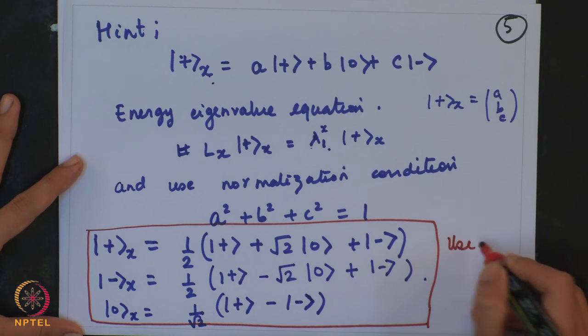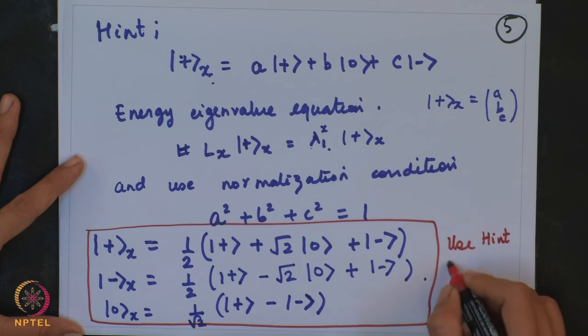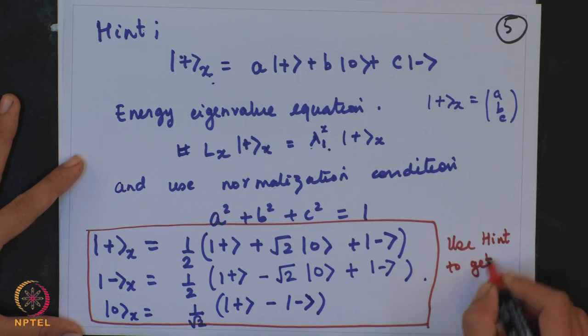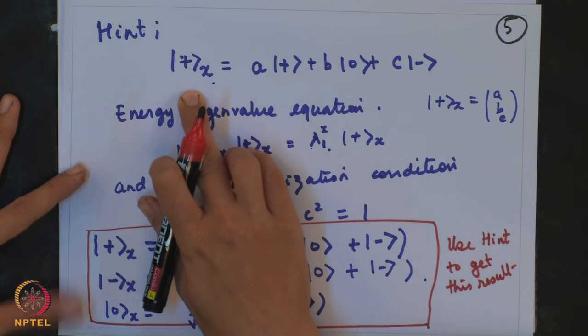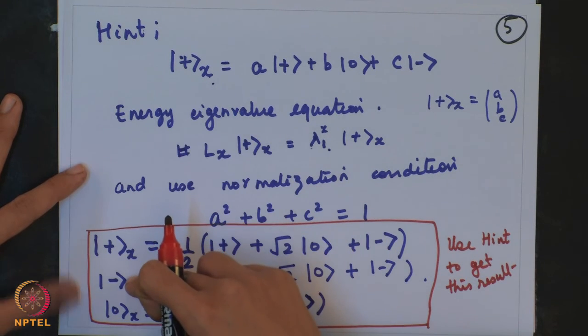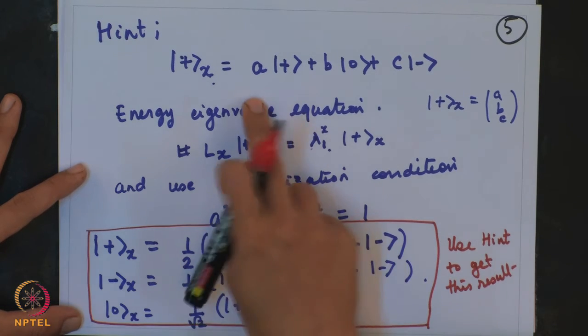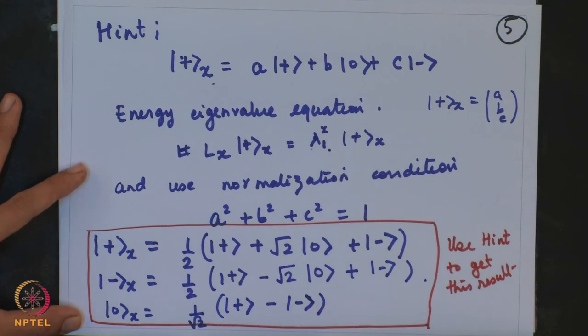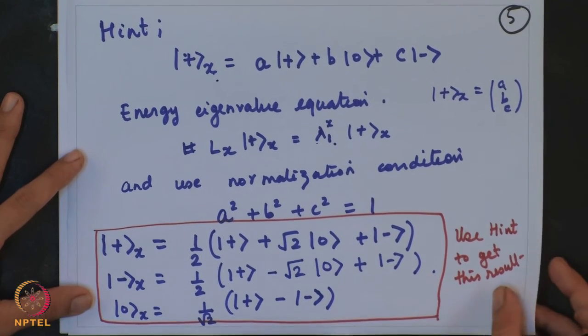So, use the hint to get this result. You will do it for plus, minus as well as ket 0, obtain the corresponding coefficients A, B and C, and then write the result. So, it was very simple.